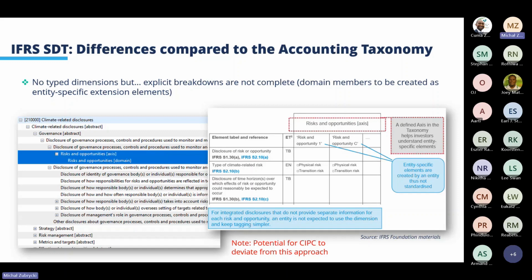So in the staff draft that we saw in May last year, there was an introduction of the type dimensions. As you know, dimensions in XBRL can be presented from, let's say, two perspectives.